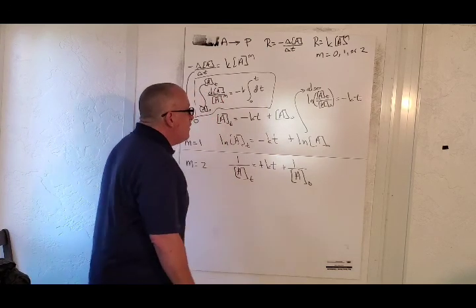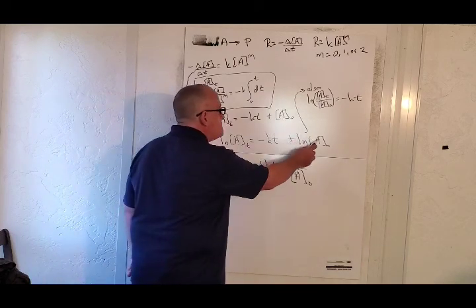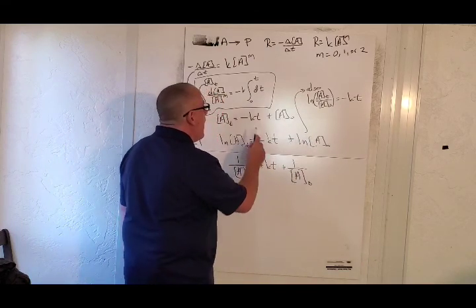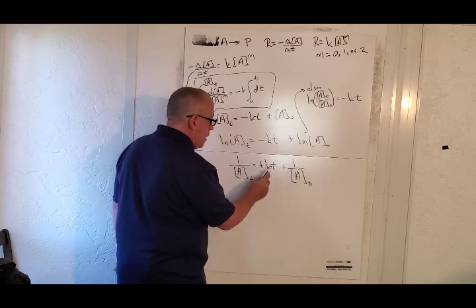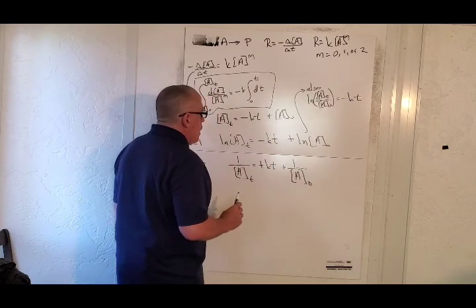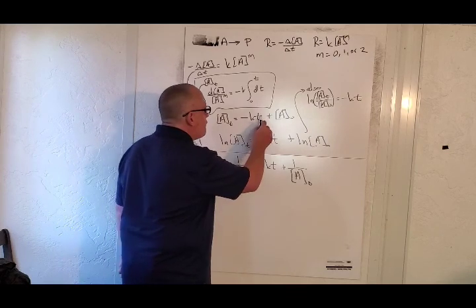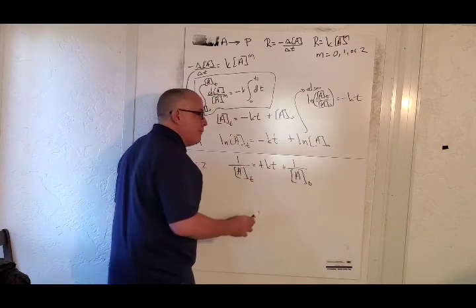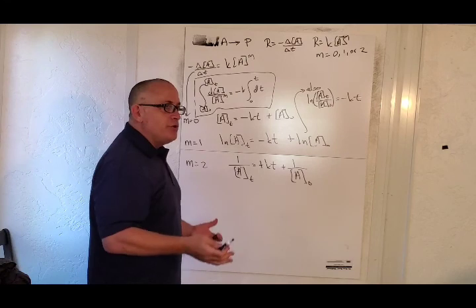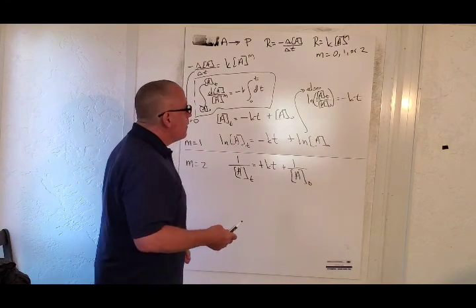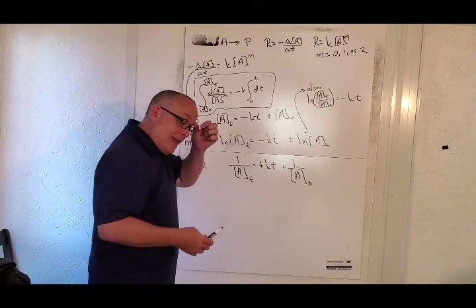So if you're given a starting concentration and the value of the rate constant, you can calculate the ending concentration after a specific period of time: 100 minutes, 500 seconds, whatever. And we're going to learn how to do that later.